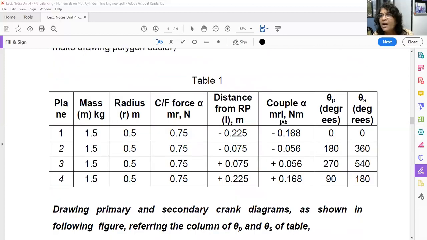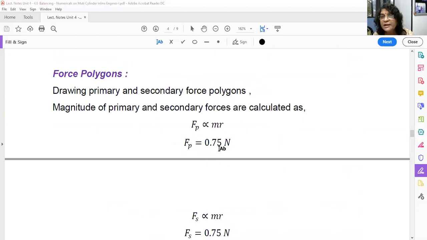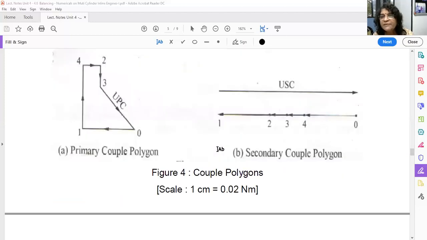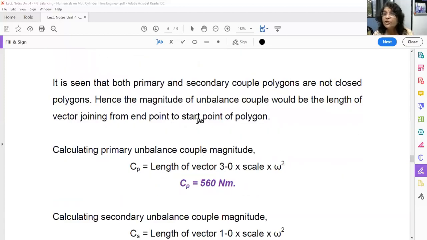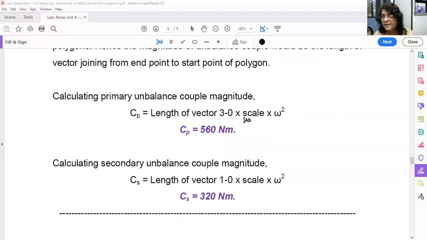This is MRL. So now the actual value of couple, when I want to find out, I have to multiply by omega square here, because omega square was not there in that term. So primary couple is given by length of the vector 3O into scale into omega square. That will give you 560 Newton meter.